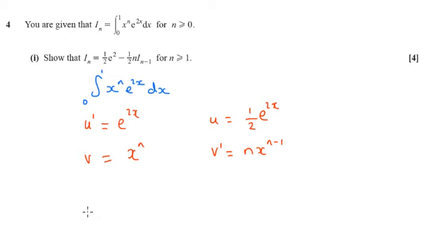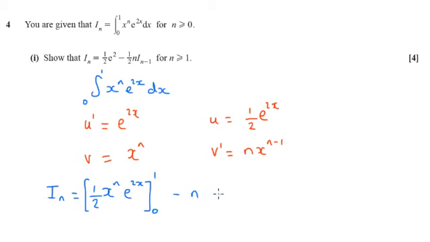So if we go ahead now and use the integration by parts formula, we're going to get that I n is equal to uv, so that's going to be half x to the power of n times e to the 2x, and that needs to be integrated between 1 and 0, minus the integral of uv dash. We've got a constant in our v dash.